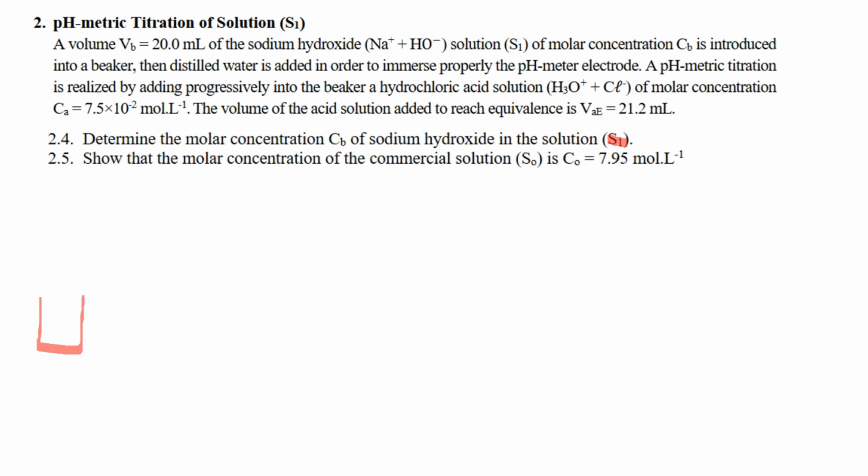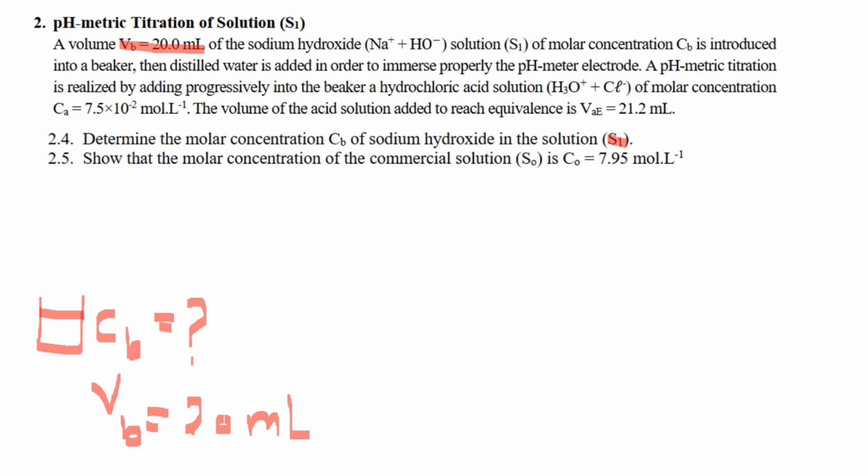By the way, drawing pictures always helps in chemistry to understand the question and what they want from us. So here we have the base. The base has a concentration of CB, which we don't know. This is the one that we need to calculate. And we have VB equal to 20 milliliters, because they told us that a volume VB of 20 milliliters of sodium hydroxide is added to this beaker.